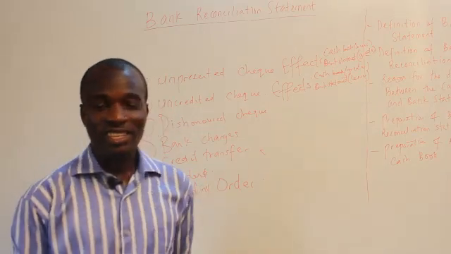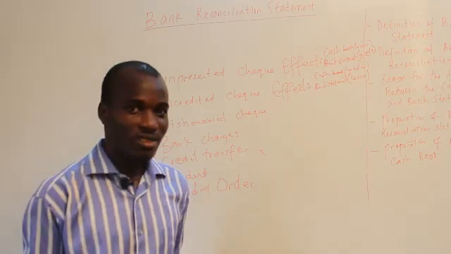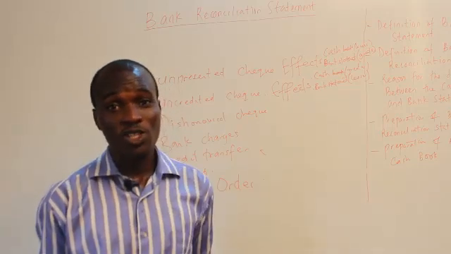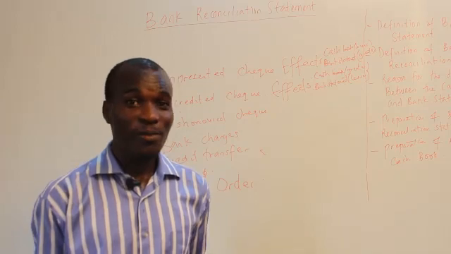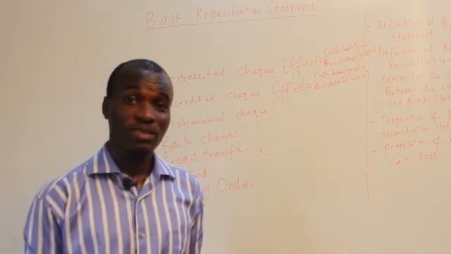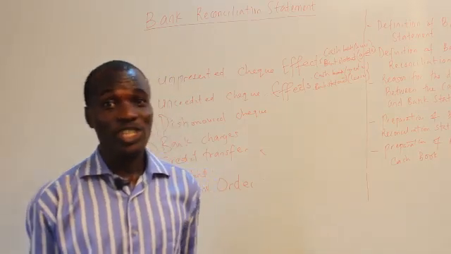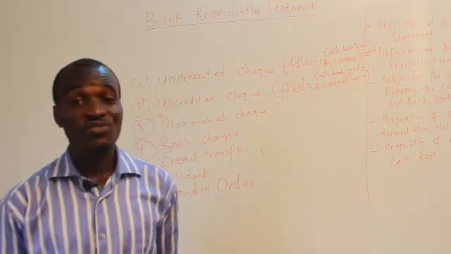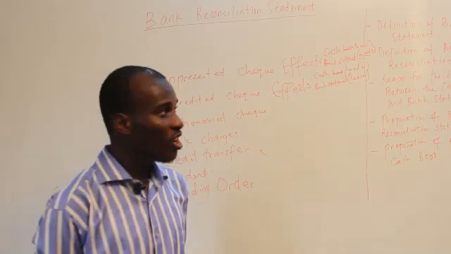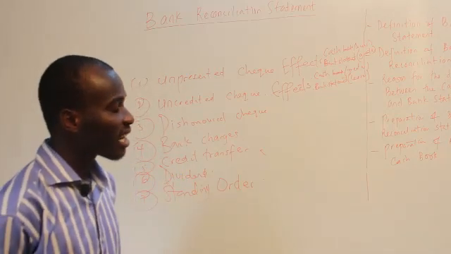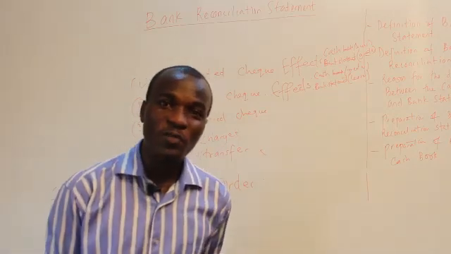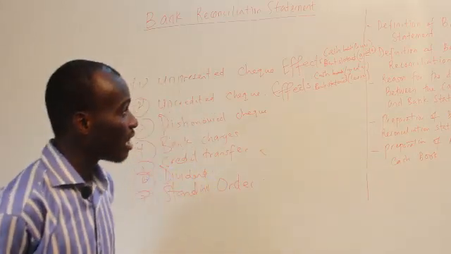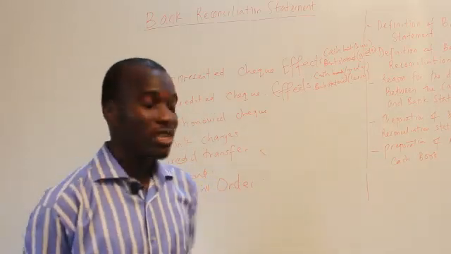Immediately the bank charges such an interest, the bank statement of the customer will be debited, that is, reducing the amount in the bank statement, whereas the cash book has not been updated. So the only way we can correct that is to deduct bank charges from the balance of the cash book, or we add bank charges to the balance of the bank statement.